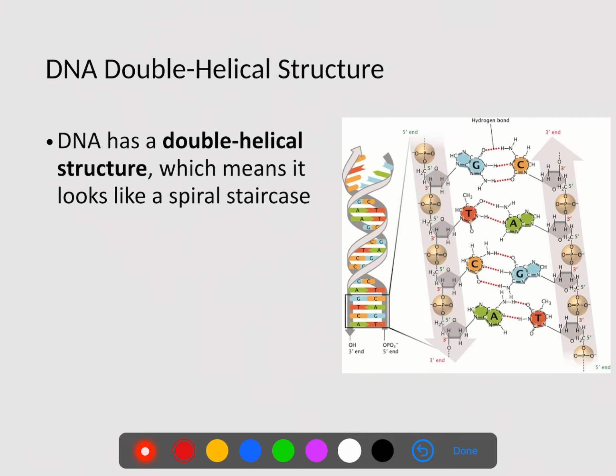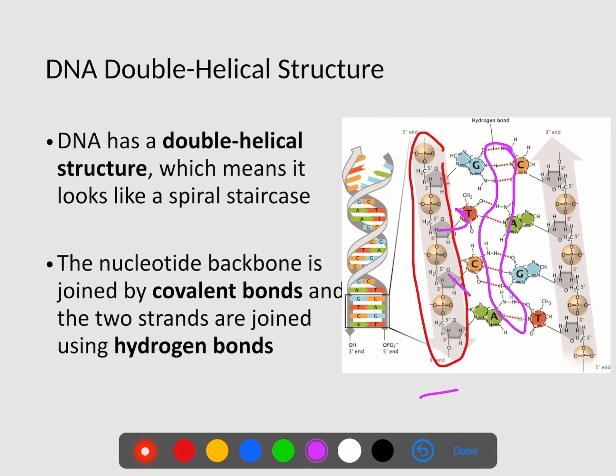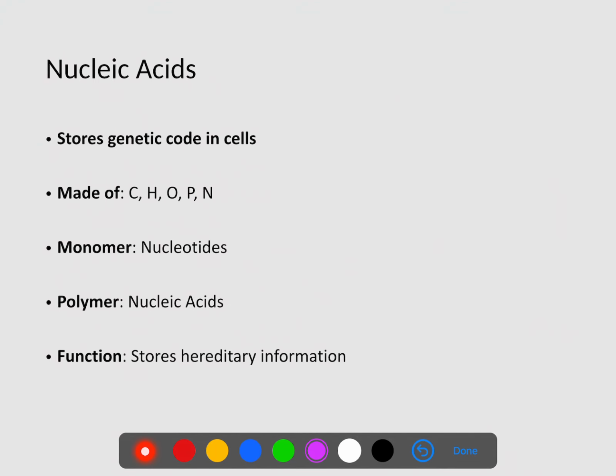DNA has a double helical structure, which means it looks like a spiral staircase twisting and turning up. The nucleotide backbone is joined by covalent bonds, right here, our backbone, and then our two strands bond together using hydrogen bonds. So two strands together, hydrogen bonds, backbone, covalent bonds.